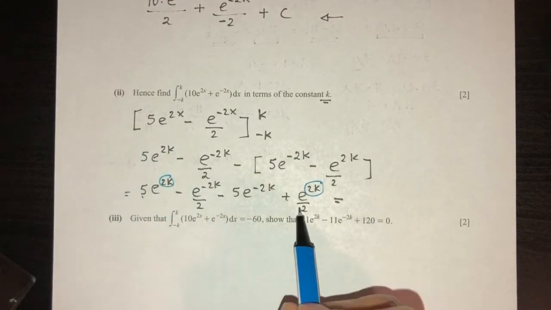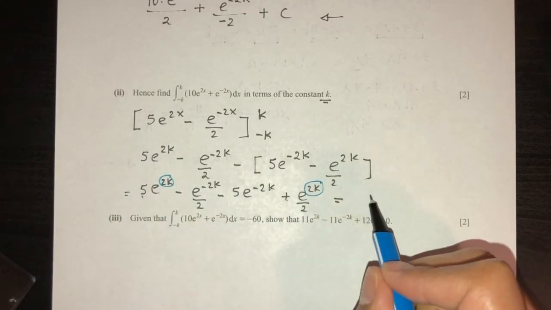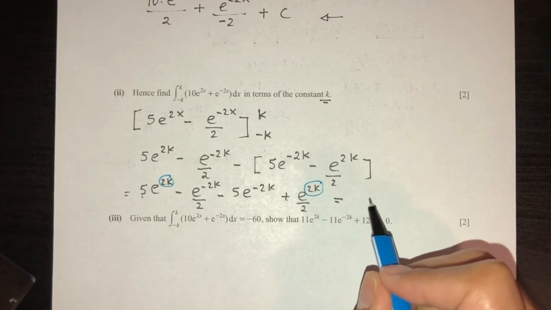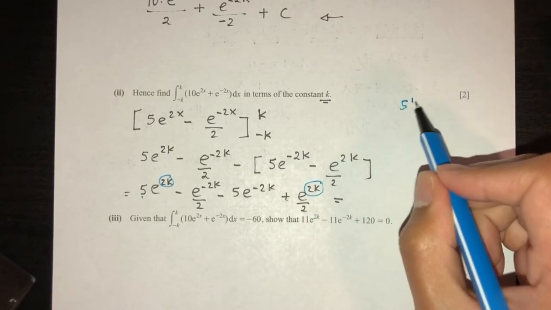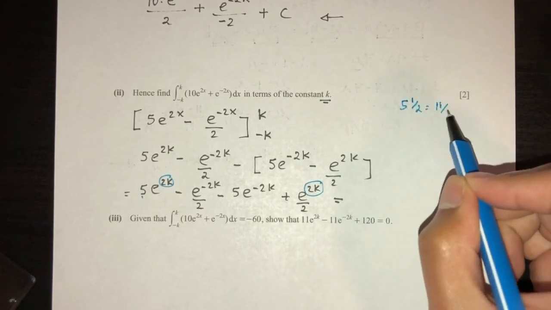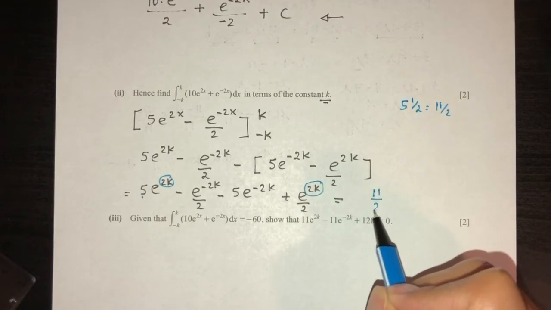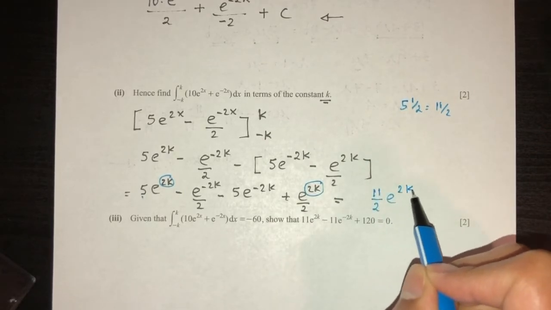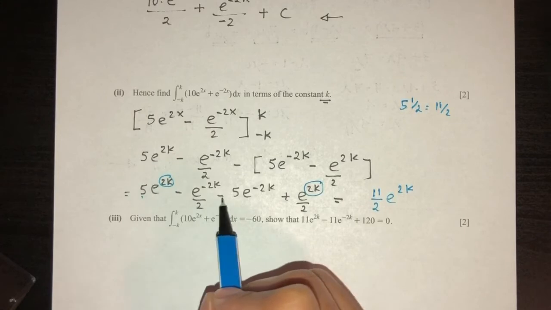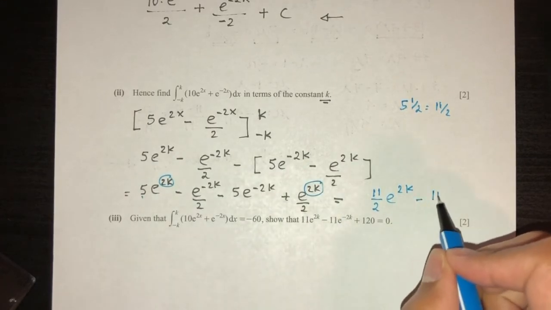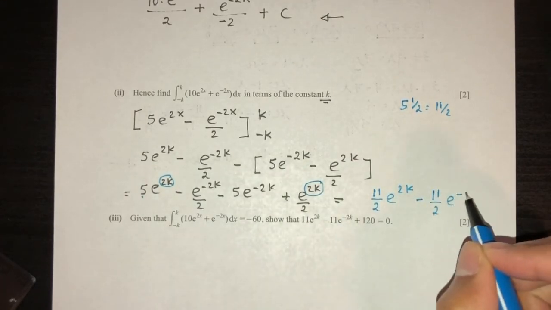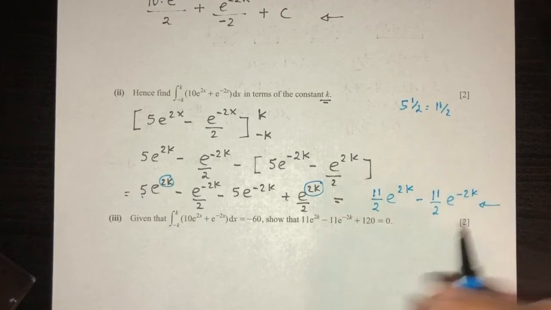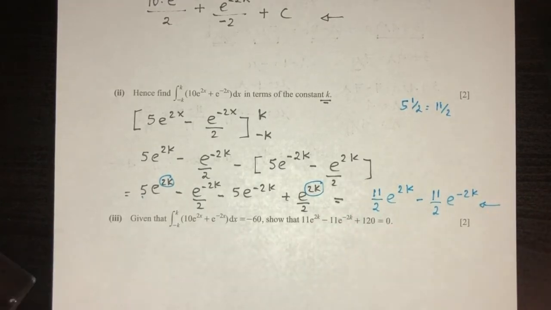So 5 plus half is 5.5. So 5.5 is what? 11 over 2. So 11 over 2 e to 2k. And this one will be minus half minus 5. That will be minus 11 over 2 e to the power minus 2k. So that will be your answer in terms of k.